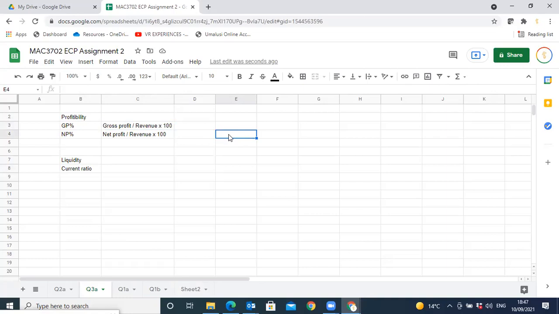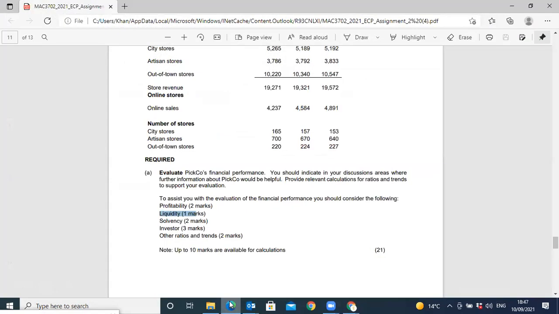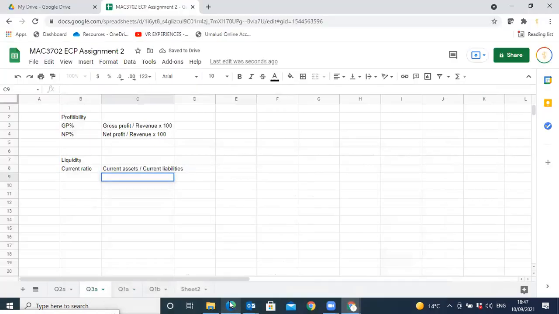But remember, you can't make a comment without comparing to something. So the current ratio is going to be current assets divided by current liabilities. Okay, and what's the next? Solvency, there's two marks.